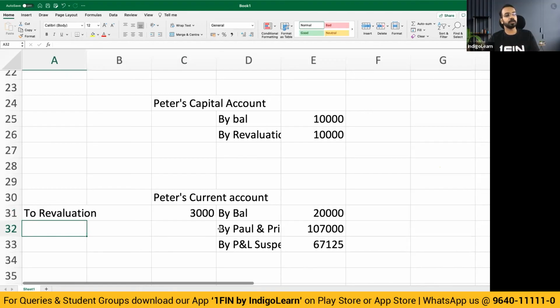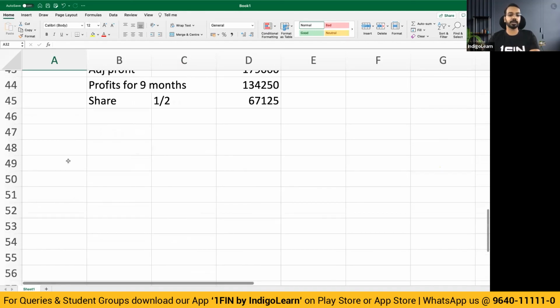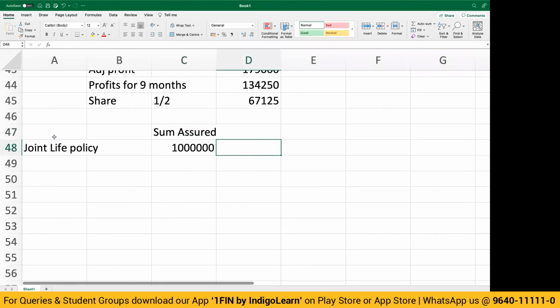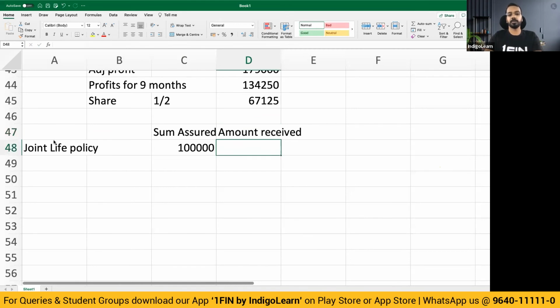Okay. Now, after this, we are left with one more important adjustment, that is joint life policy. Sum assured is 1 lakh. Amount received will be 1 lakh.